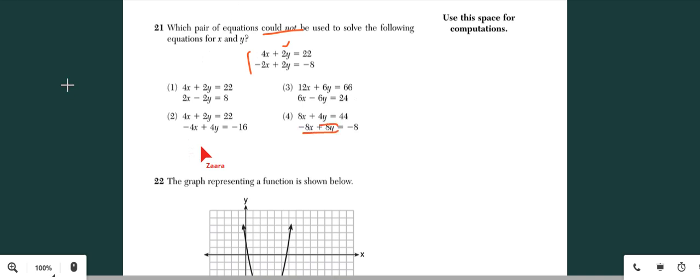Are you getting it? They only multiplied the left side of the equation, not the right side. So this is wrong, this cannot be used, right? So this is our right answer. We have to find which could not be used.